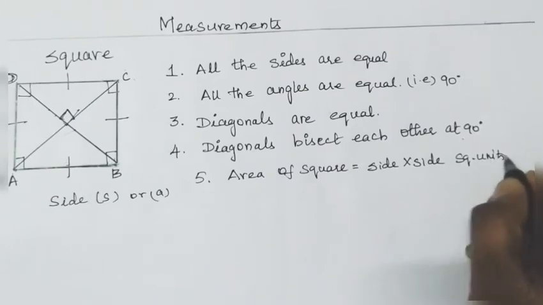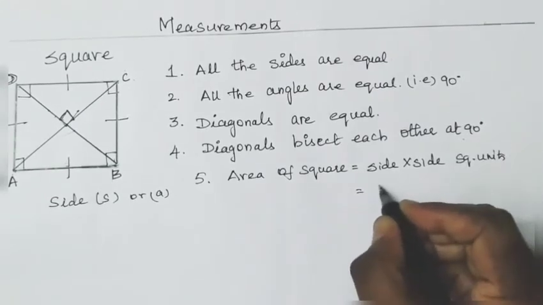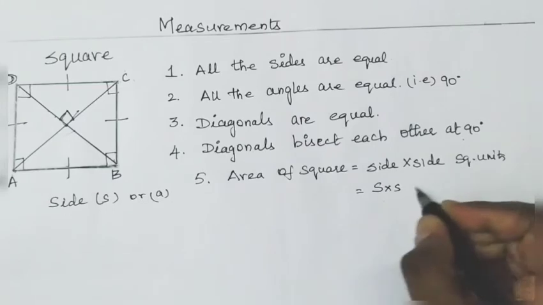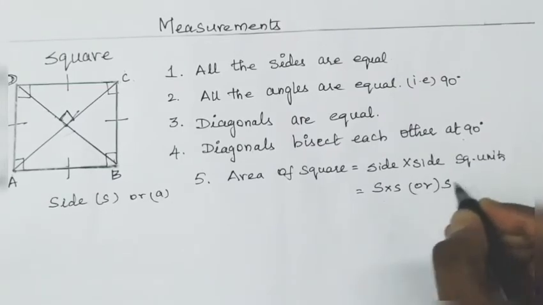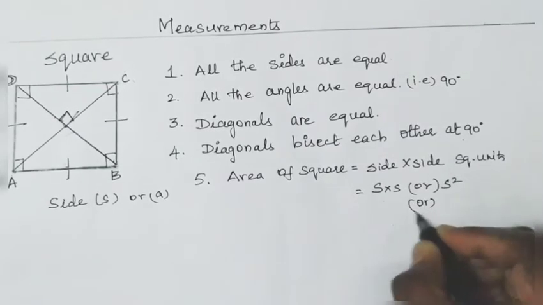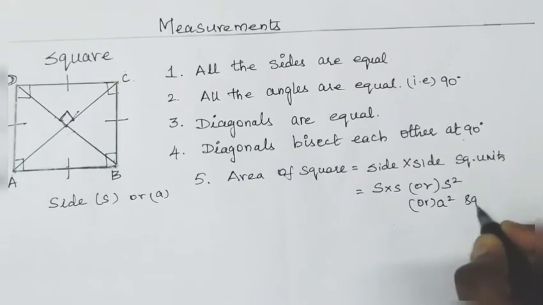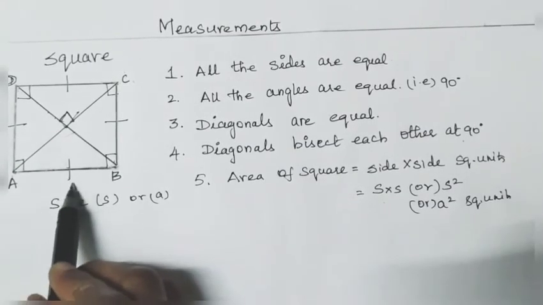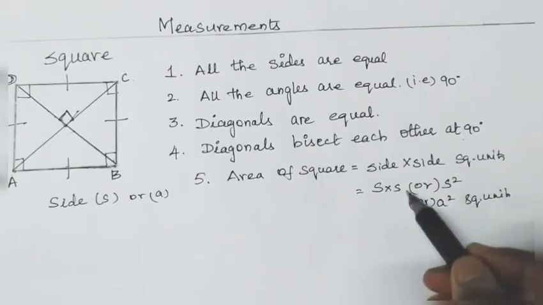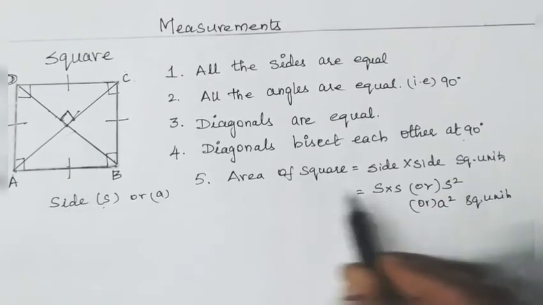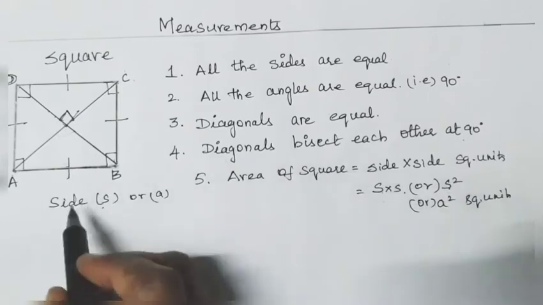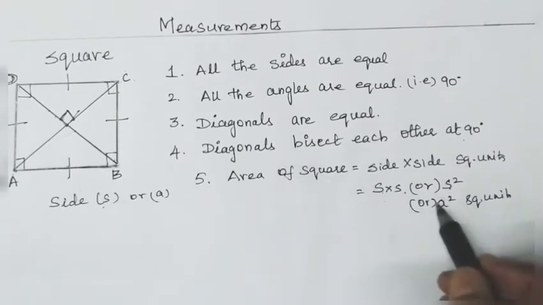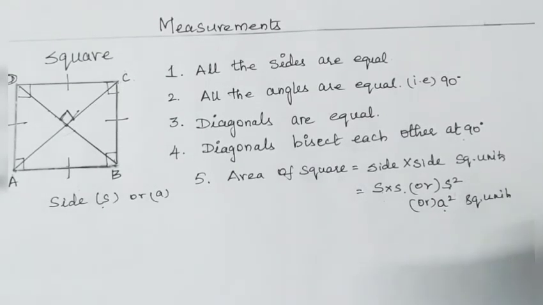Otherwise we can say S into S or S squared or A squared. Whatever we are taking for the side, that squared. If you are taking S as a side, side into side or S squared. If you are assuming A as a side, A into A or A squared square units.